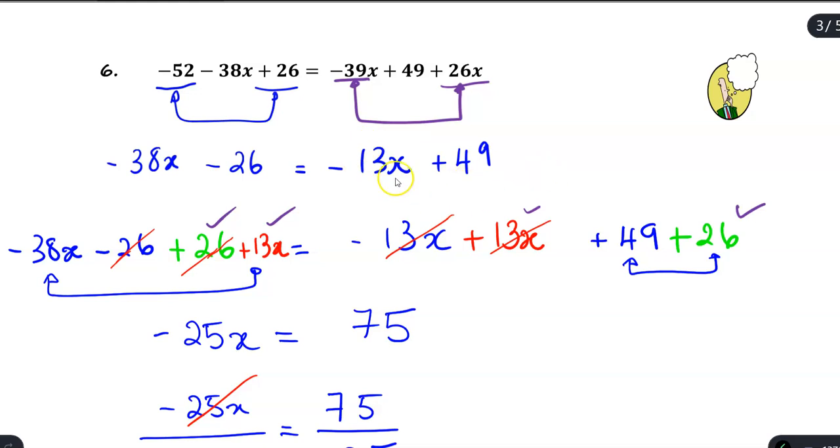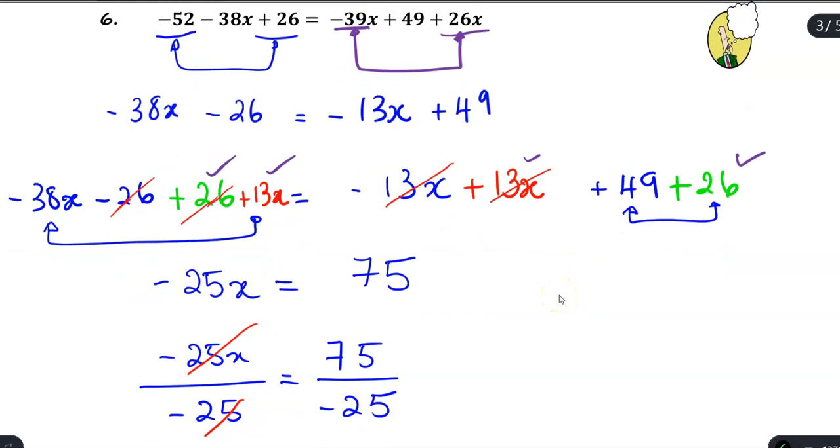Perform one operation on this side of the equation, you must do the exact same thing on the other side. And on this side of the equation, you have negative 13x, and you don't want the x here, because you want x on the left hand side. So in this case, you are going to get rid of the negative 13x by adding 13x. Doing that, you must do the exact same thing on both sides, right? So doing that, you achieve your purpose that negative 26, positive 26 is gone.